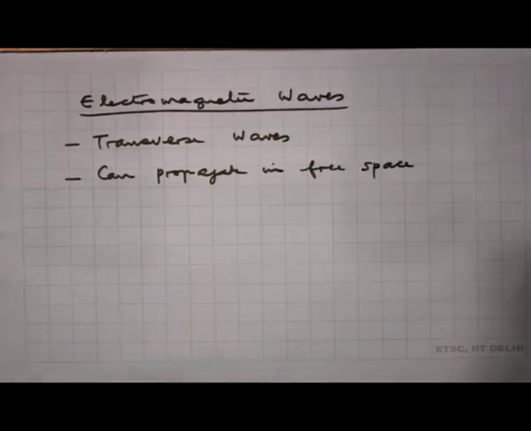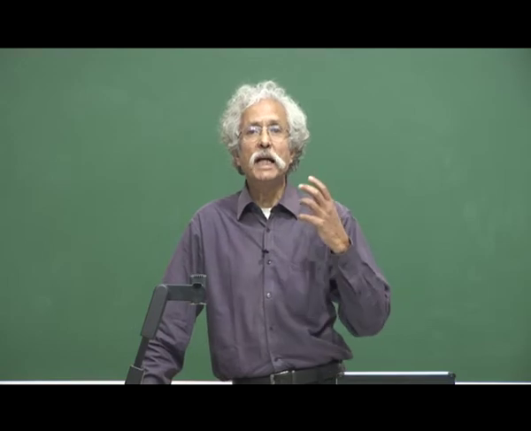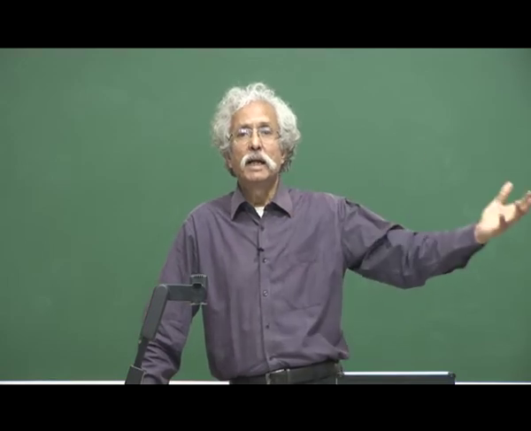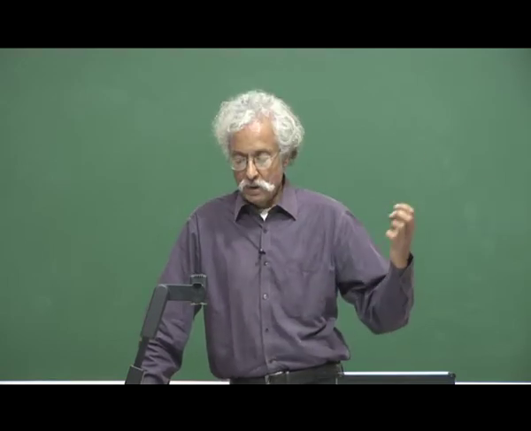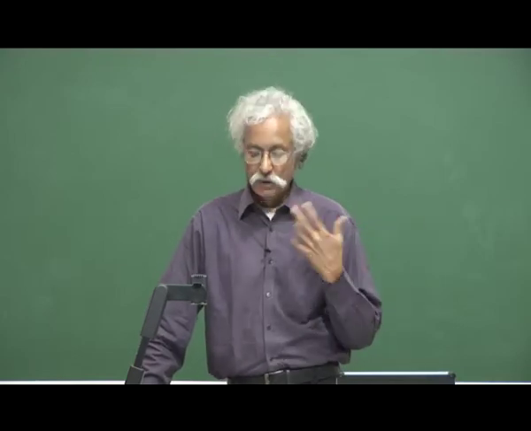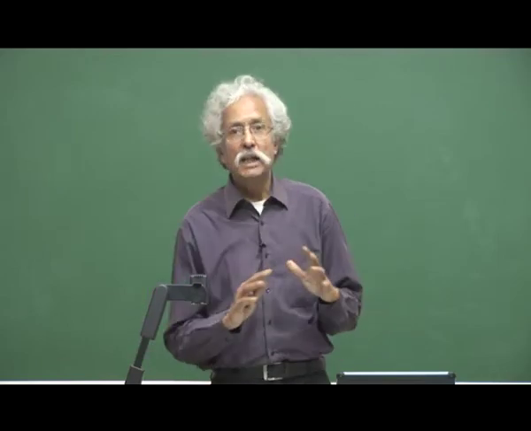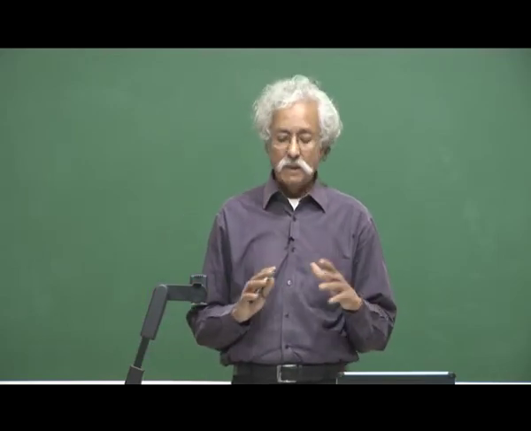Light is a form of electromagnetic wave, and we are getting light from the sun. We are getting light from stars which are millions of light years away. Please remember there is hardly anything in between the stars and us, or between sun and us. So, these waves are able to propagate in free space, and so they are a completely different type of wave. They do not need a medium to propagate.